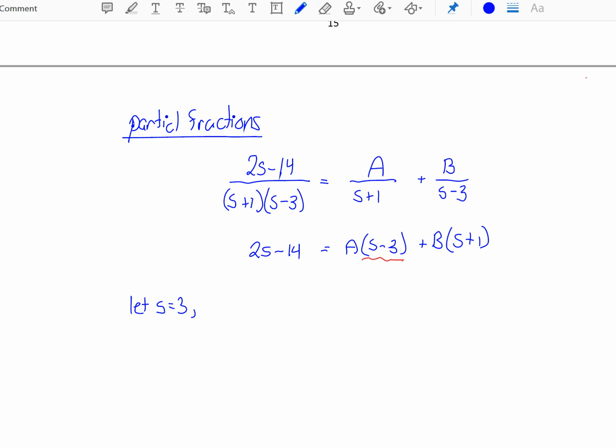Now, if s is equal to 3, then the left side of our equation would be 2 times 3 is 6. 6 minus 14 is negative 8. If s is equal to 3, this term goes away. If s is equal to 3, then the right-hand side becomes 4b, which tells us that b has to be negative 2.